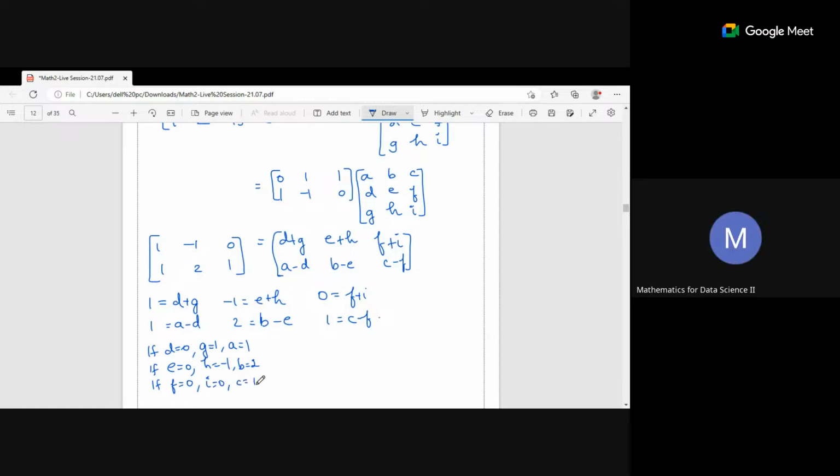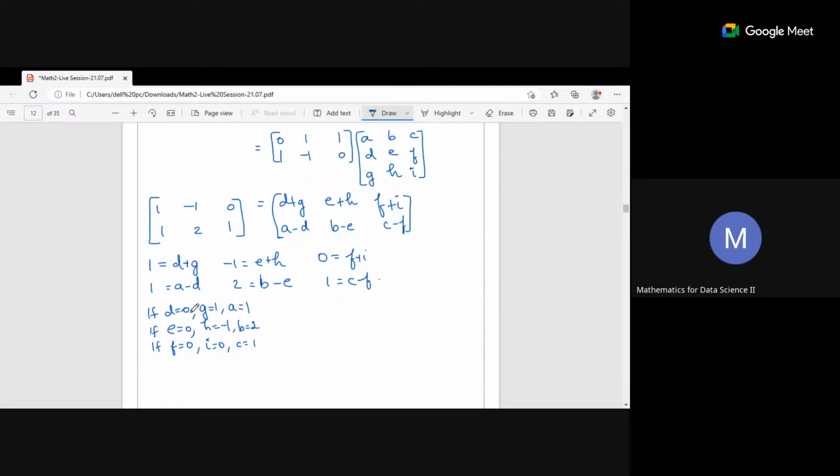So this is just one possibility. Depending on it, we can keep on changing D, E, and F, and we can find various answers. So how many solutions does this system have? Infinite. So P has infinitely many choices. Okay, actually maybe I write it in a different way.